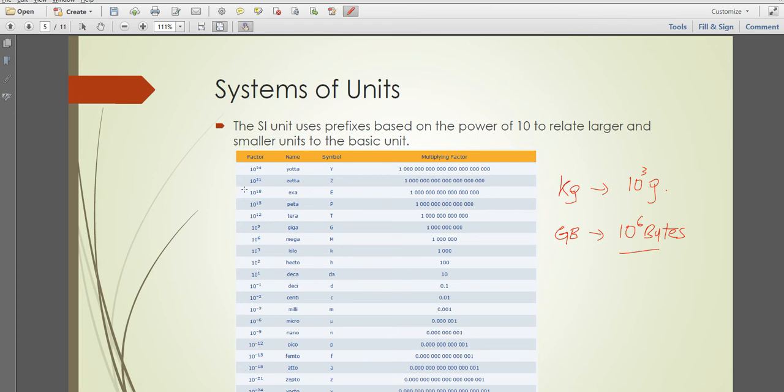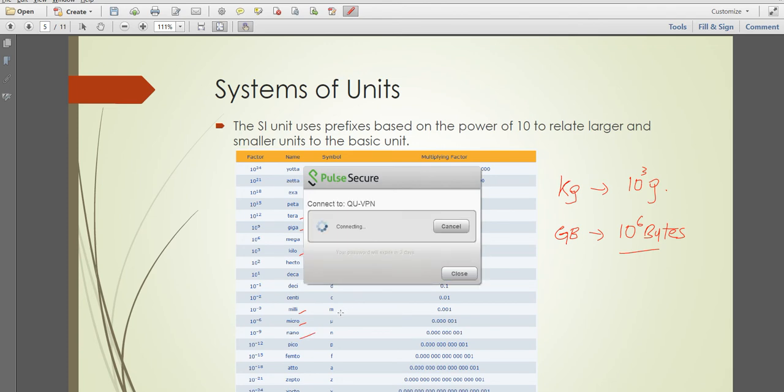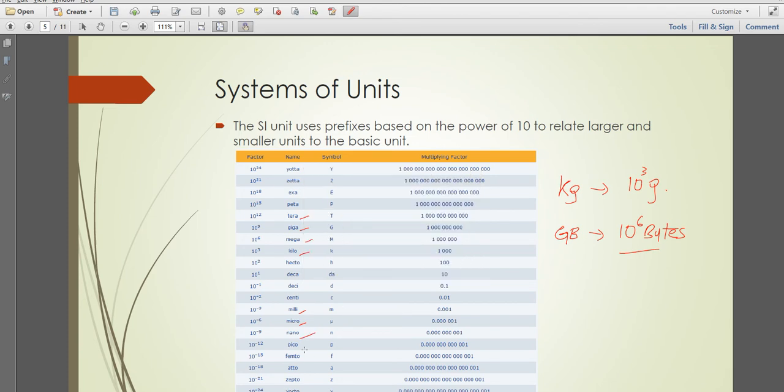So those are some prefixes to be used, and you have their names here. Usually you're going to hear about tera, giga, mega, kilo, milli, micro, nano, and pico.